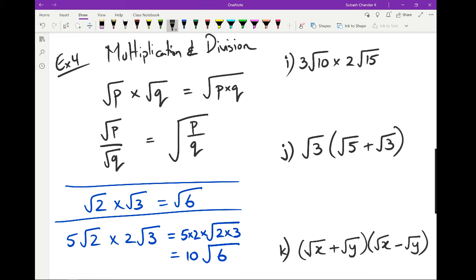So now we start using some of the basic algebra that we did in level 1 and 2, which is dealing with expanding quadratics and expanding brackets. Same rules apply here, guys.